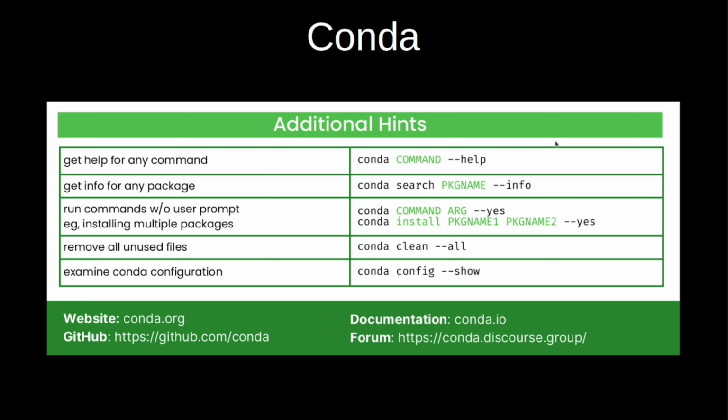For example, for showing the help for any command you want. I guess we have actually already seen that. You can use, for example, conda --help or conda any command, for example, create or conda env create and --help.